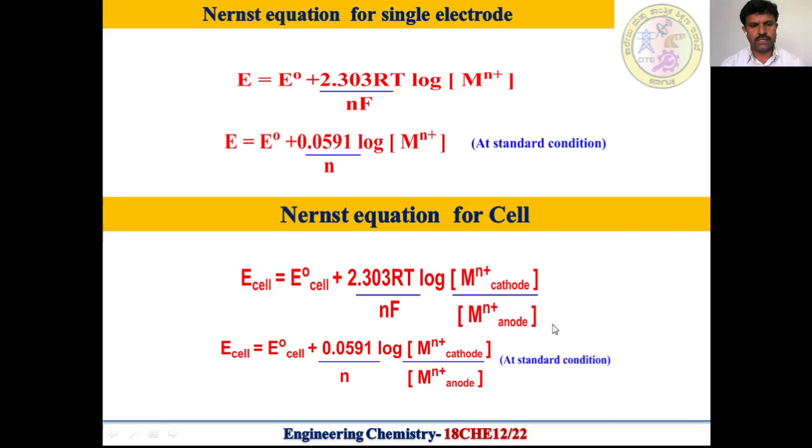At standard condition, if we substitute the value of universal gas constant 8.314, temperature 298 Kelvin and Faraday's constant 96,500, then the above equation can be rewritten as E cell is equal to E0 cell plus 0.0591 divided by N log of the concentration of metal ions in solution at cathode divided by the concentration of metal ions in solution at anode.